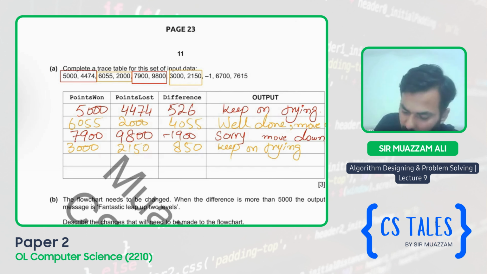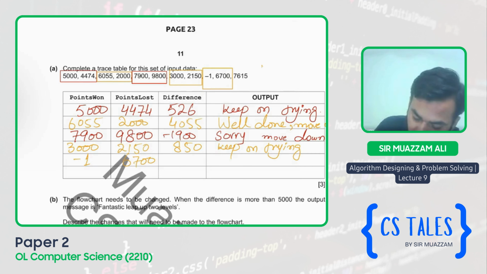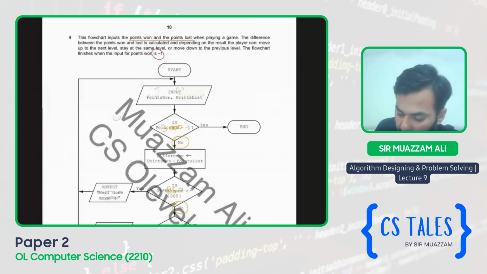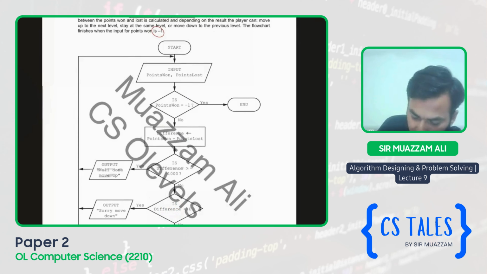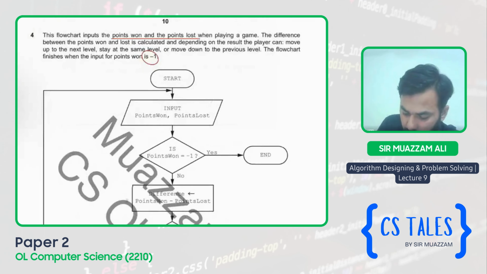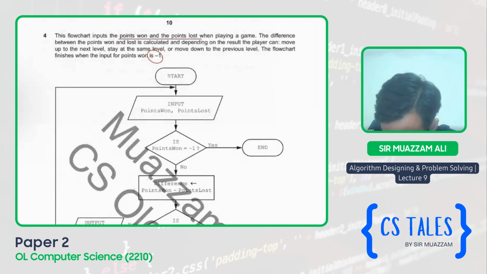Okay. So what will be the next input? Let's suppose -1 or 6,700. We just enter -1.